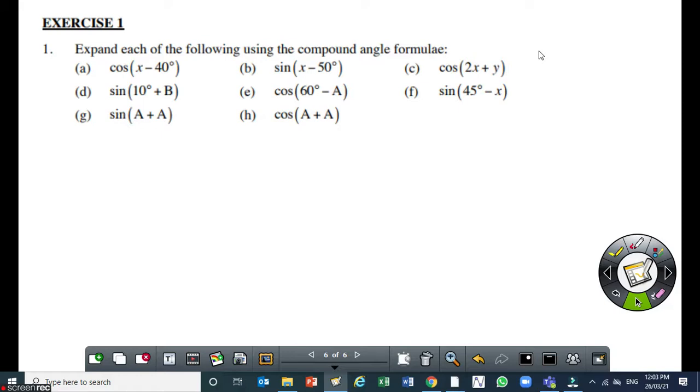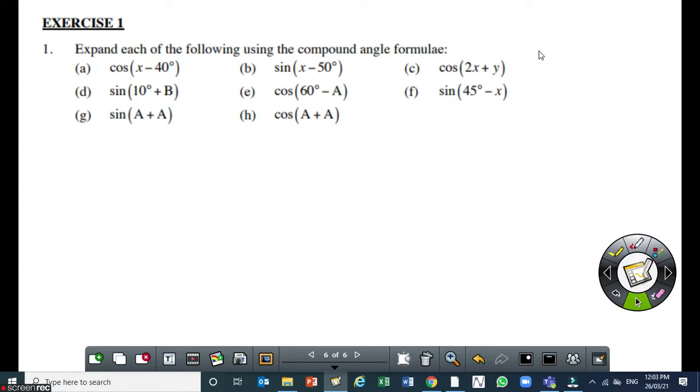Okay, so this question says expand each of the following using the compound angle formula. Now let me write them down here. We are going to be using the following: cos alpha plus or minus beta is equal to cos alpha cos beta, minus or plus sine alpha sine beta.